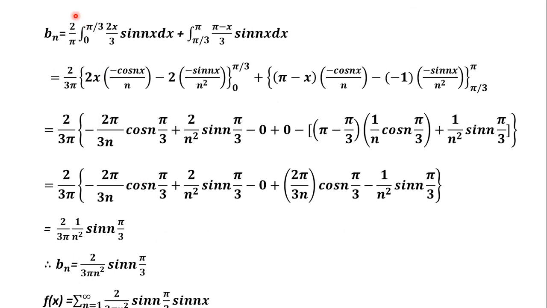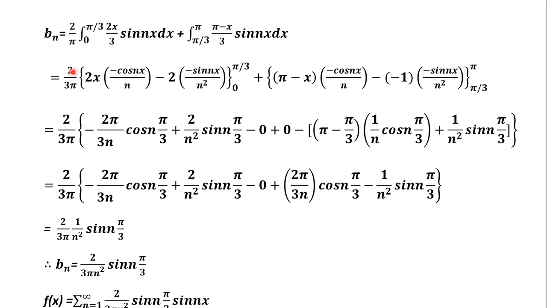So we get 2 by pi integral from 0 to pi by 3 2x by 3 into sin nx dx plus integral from pi by 3 to pi (pi minus x) by 3 into sin nx dx. From these two integrals we take 1 by 3 common.